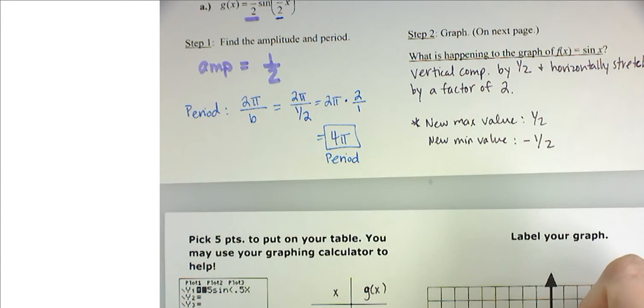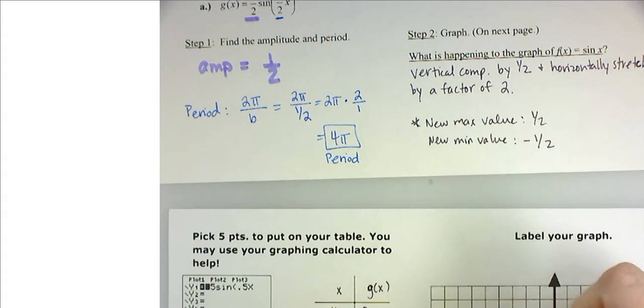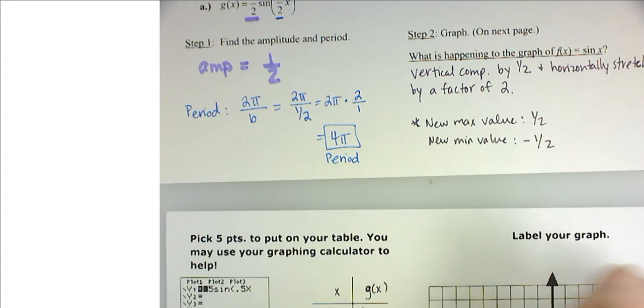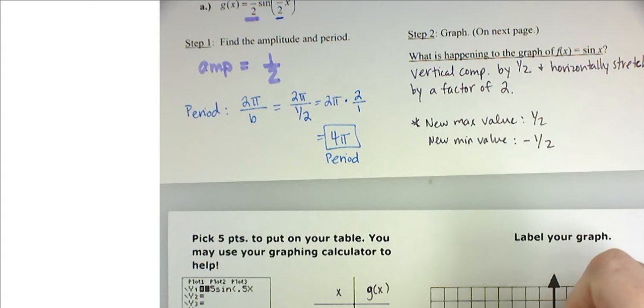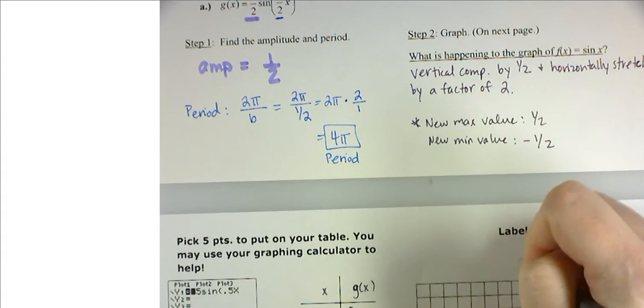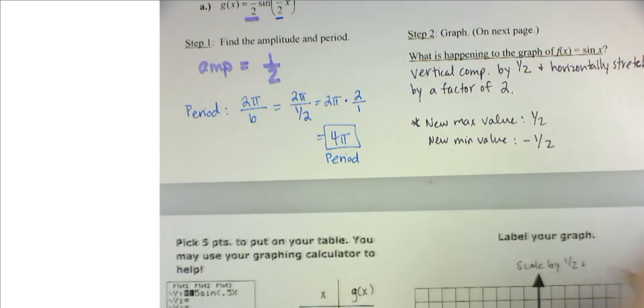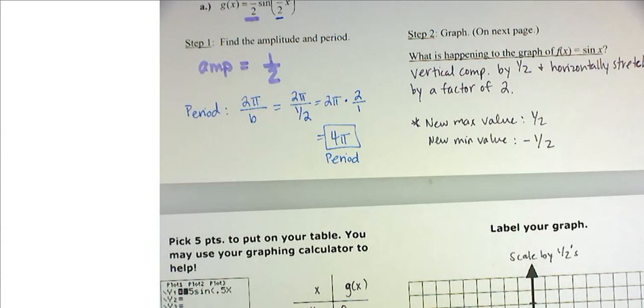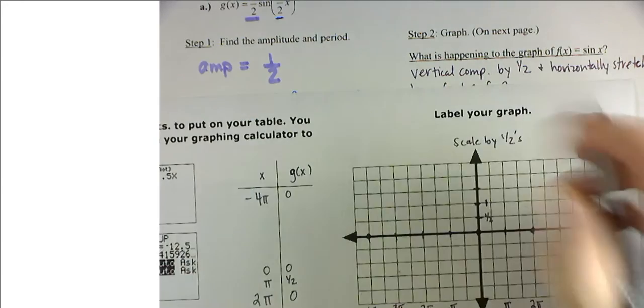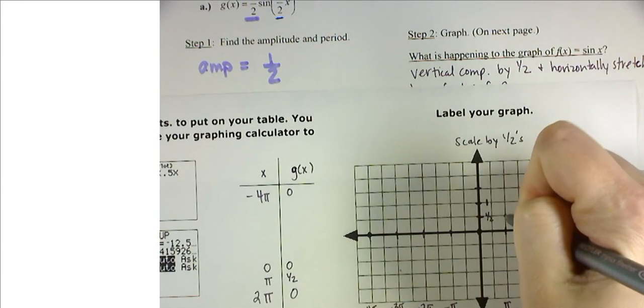And I'm just going to label. So I'm going to go by halves. So if this is 1, this is 1/2. I'll just write scale by halves. Okay, so at pi, I am at 1/2, which means halfway in between these two, I should be at negative 1/2.